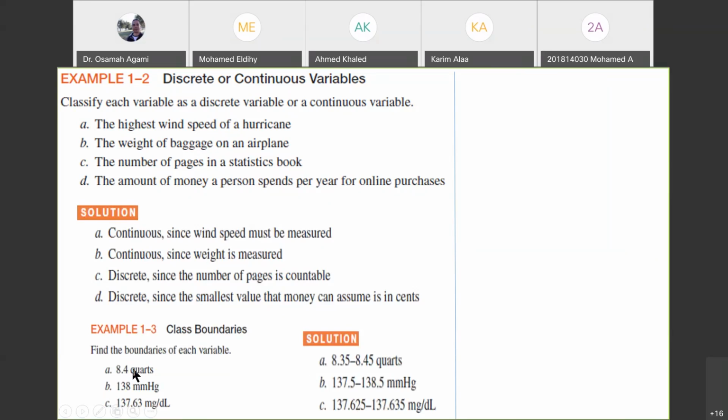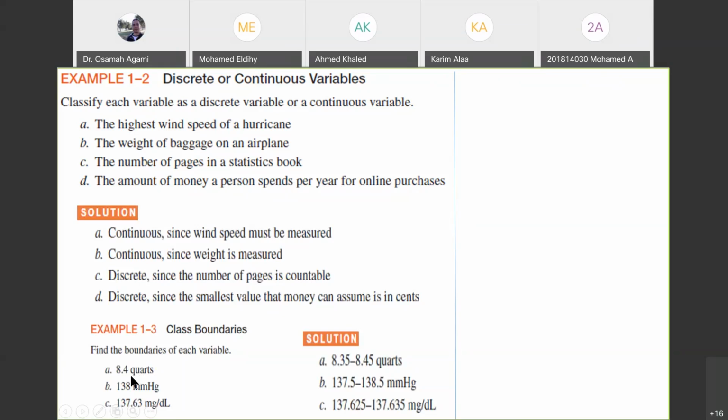Look at this one. You have a decimal place, the first decimal place, so you have one out of 10, right? What is the half of 1 out of 10? 1 out of 10 is 10%. What is the half of 10%? 5%. So you take 5% from 8.4, so it will be 8.35.